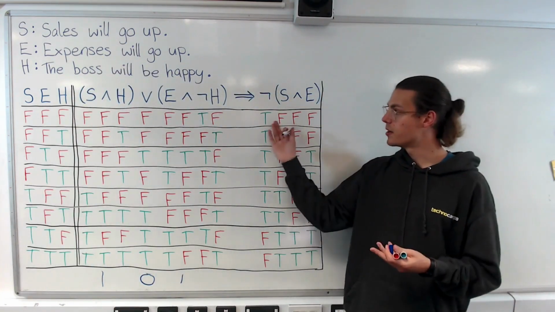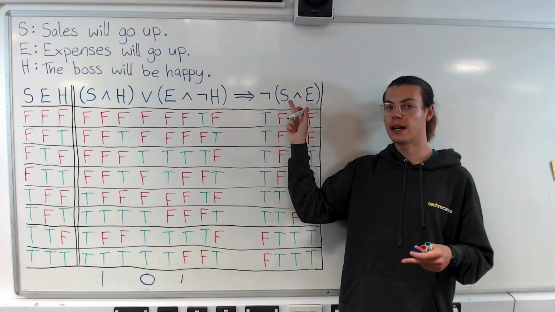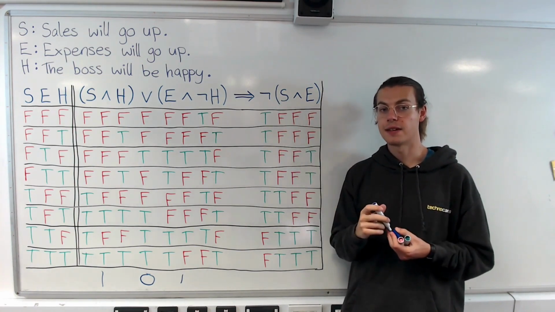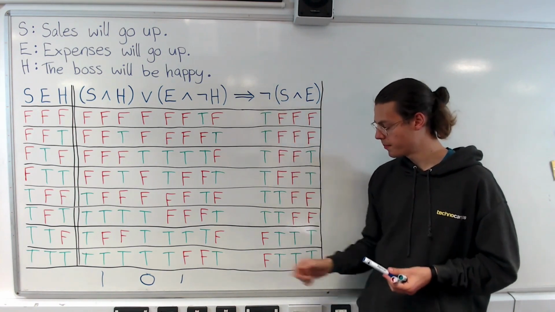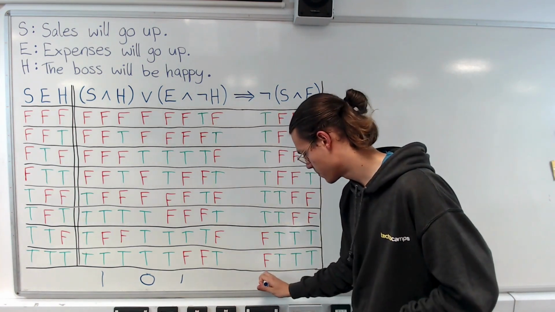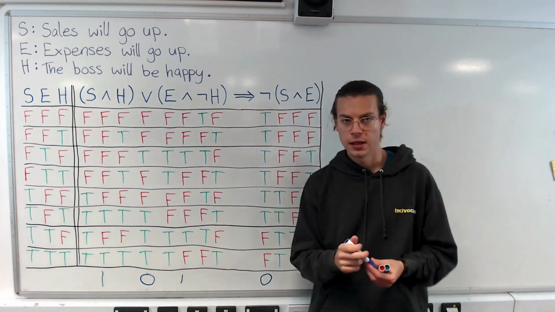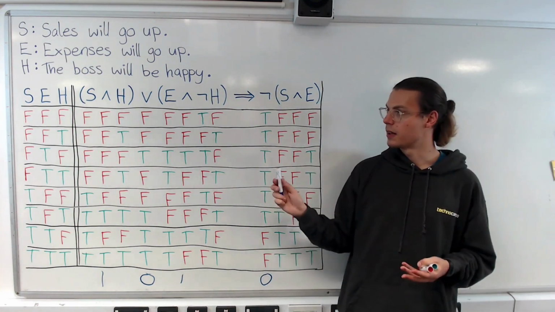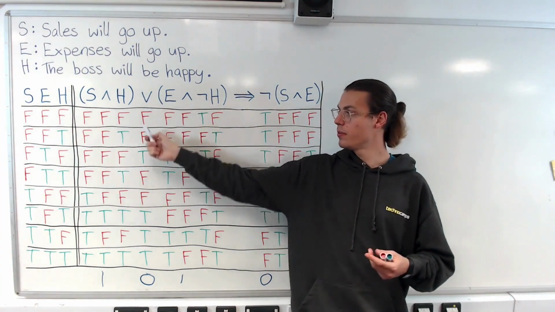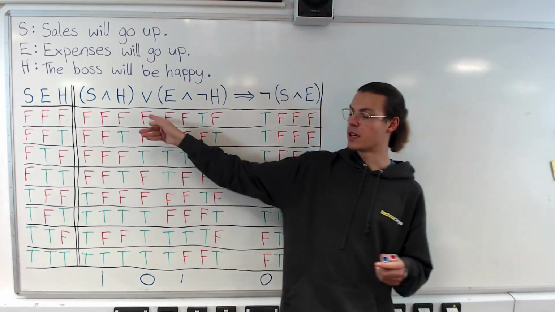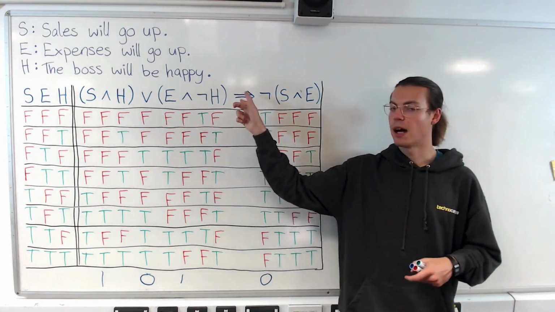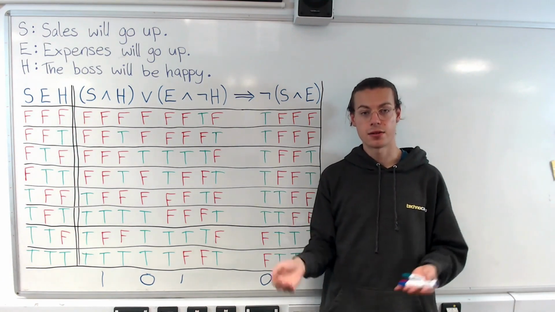And the conclusion is not S and E. So the values of our conclusion are given in the not column. So we want to see, does this OR column imply the not column? Now first up we have false implies true, and this is true.